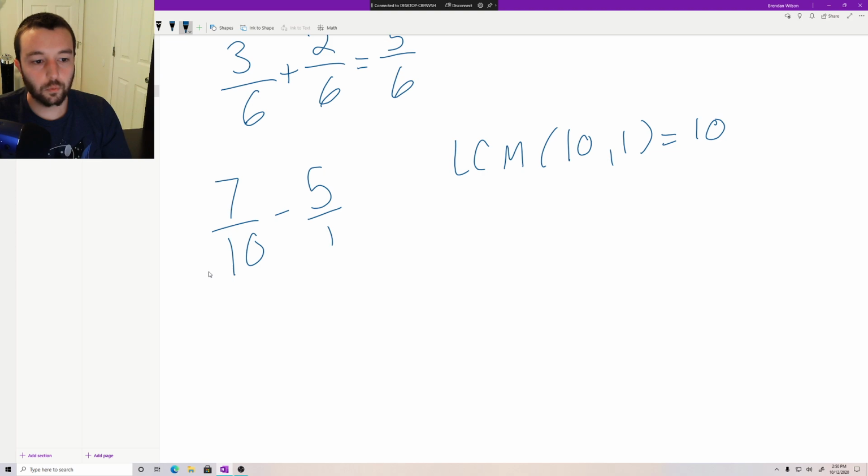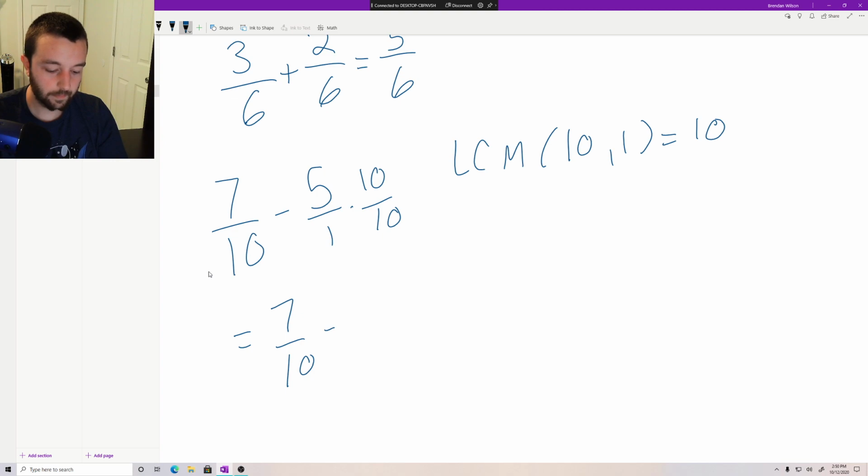So what do we need to multiply this by to make it have a denominator of 10? Well, the bottom number is 1. So we need to multiply that by 10. That's the only way we're going to make it overall 10. So that means we have to multiply the top by 10 as well. Okay.